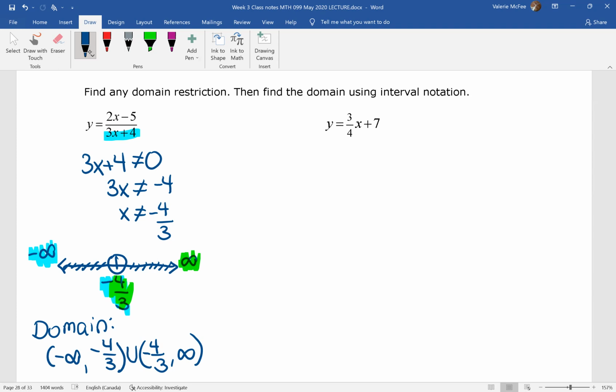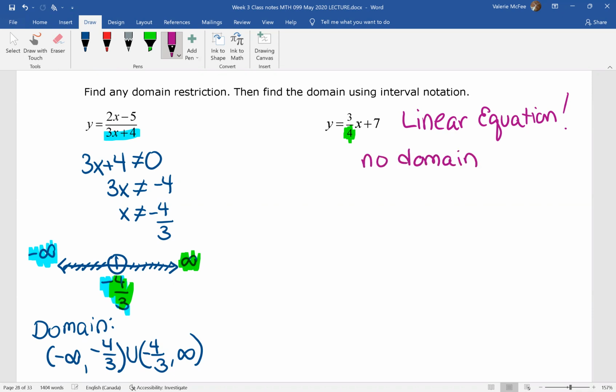What about the next one? If I look at the denominator, there's no x there. In fact, this is a linear equation. Y equals mx plus b. There are no domain restrictions. X can be any real number.